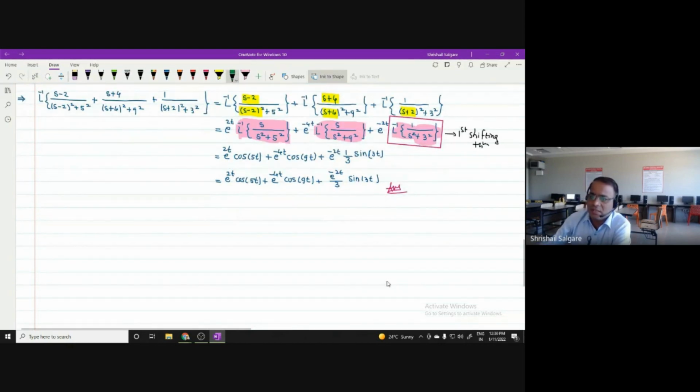This is the third example. And for homework, you have to find L inverse of 1 upon (s minus 4) bracket raised to 5 plus 5 square plus s plus 3 divided by (s plus 3) bracket square plus 6 square.